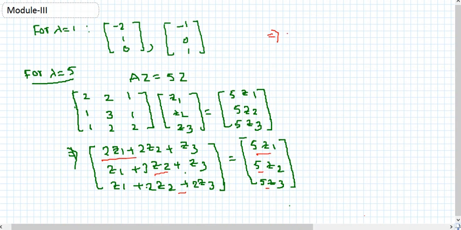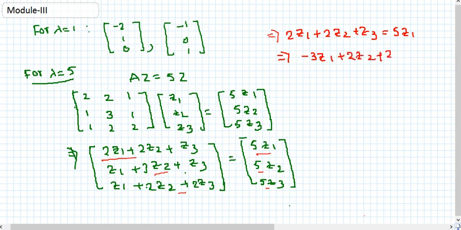2Z1 plus 2Z2 plus Z3 equals 5Z1, so we get minus 3Z1 plus 2Z2 plus Z3 equals 0. This is equation 1.